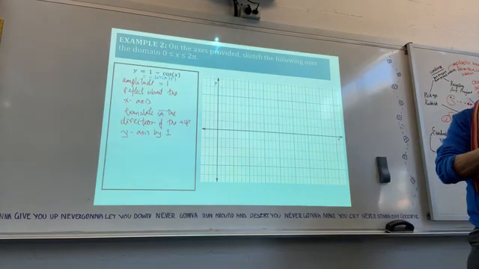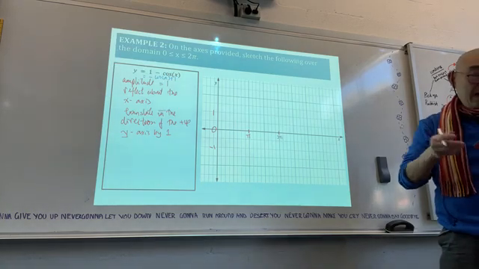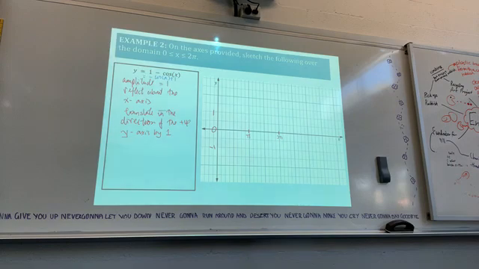I'm going to start off again labeling 0, 1, minus 1. This will be pi, this will be 2 pi. When x is 0, start off with y equals cos x. Cos x is 1. When x is pi over 2, cos x is 0, and so on and so forth. So you now have the dotted line y equals cos x.